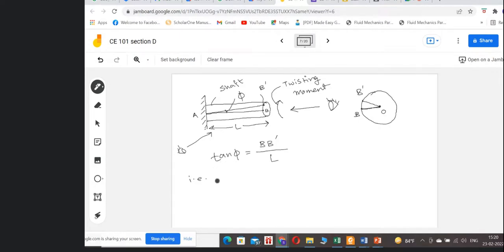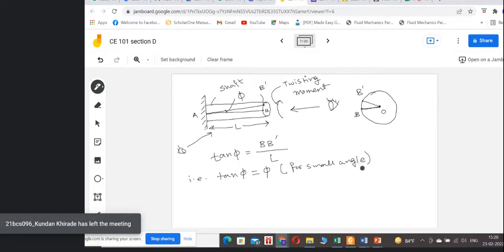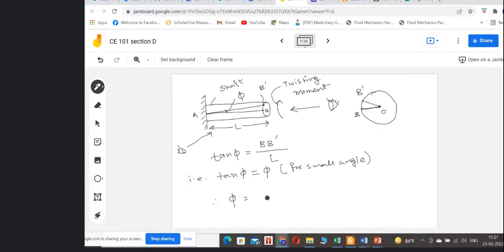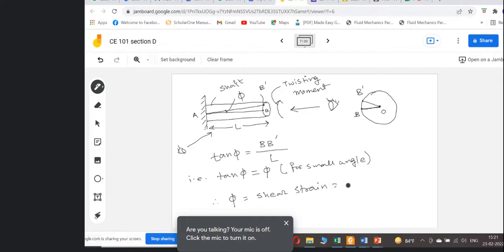So tan phi can be assumed as phi for small angle assumptions. That means the shear strain phi can be written as BB dash by L.